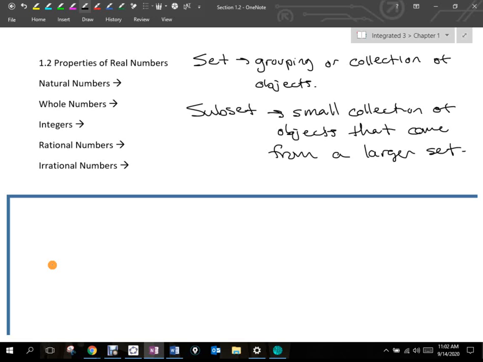Juniors are a subset. Seniors, subset. Sophomores, subset. If we include the teachers in the population, they would be a subset. Does that make sense? Our number system is that way. Our number system is sets of objects, and the objects are just numbers. Does that make sense?